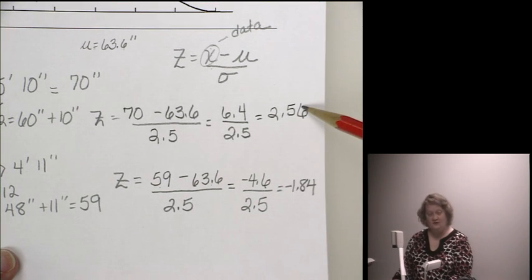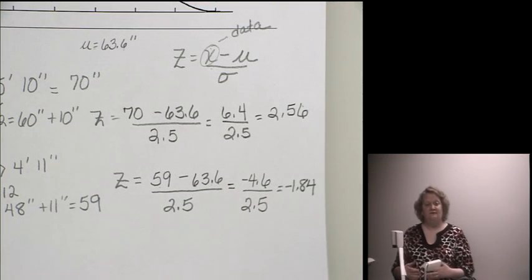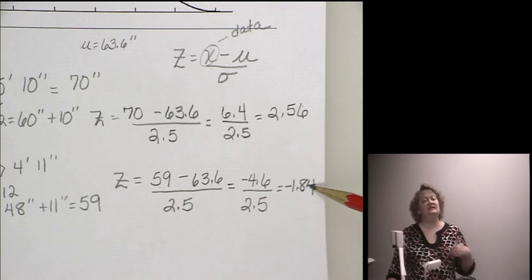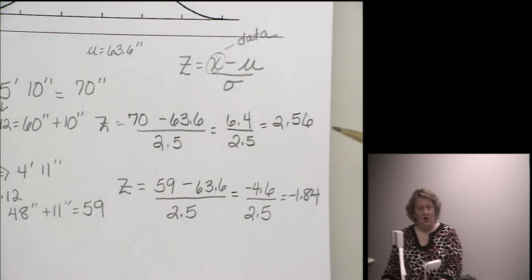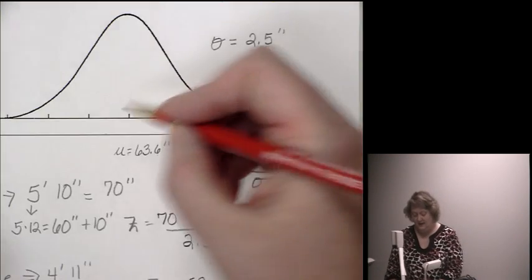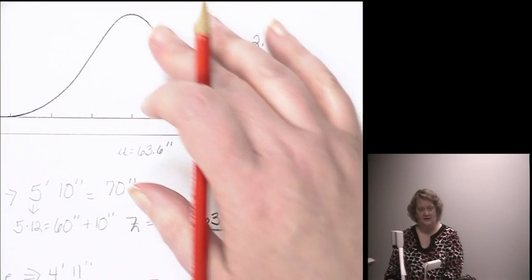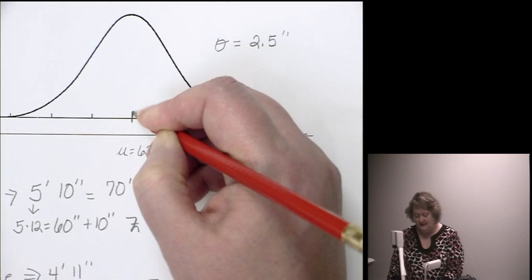Now, my score was a positive z-score because I am taller than the average height. My friend Connie's was a negative z-score because she is shorter than the average height. Let's see how that compares back to that curve that I started with. We'll learn more about the curve in later chapters, but what we want to remember is that the mean is in the center.